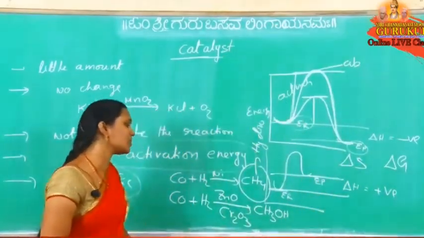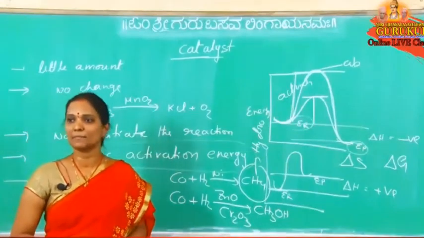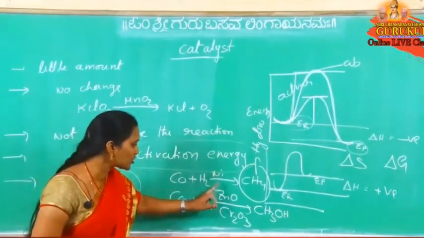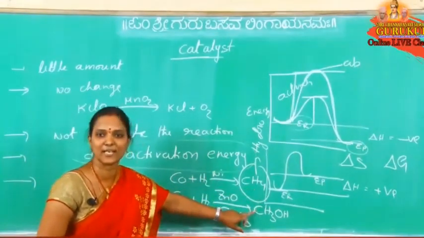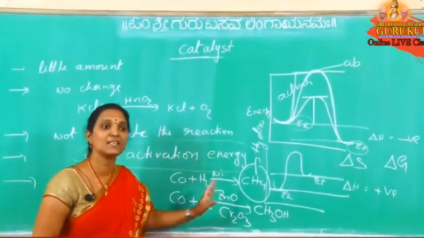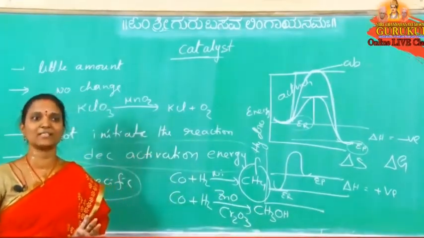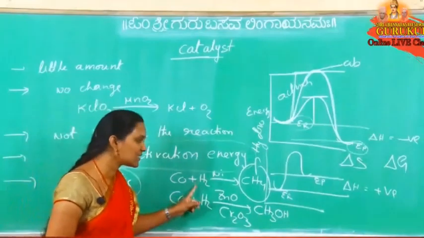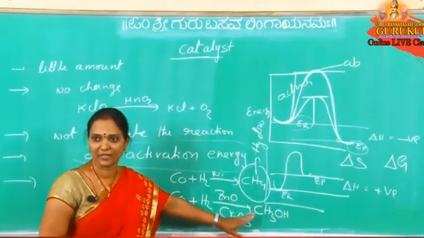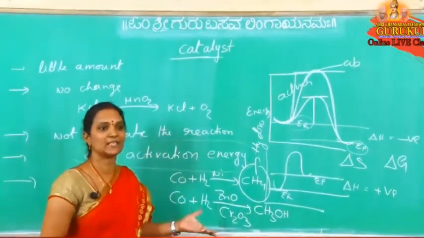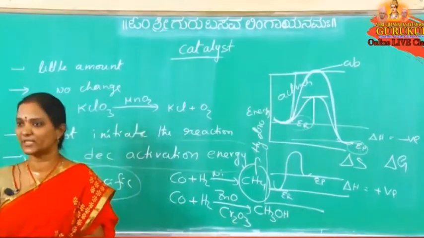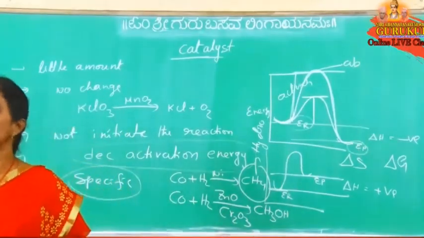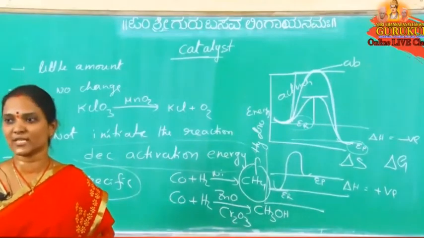If zinc oxide and chromium oxide are used as catalyst, the product obtained is methyl alcohol. See, the catalyst changed, the product formed also changes. So catalyst is specific in nature. Reactants are similar, but products are different. What did we change here? The catalyst changed. Sometimes the product formed also changes.